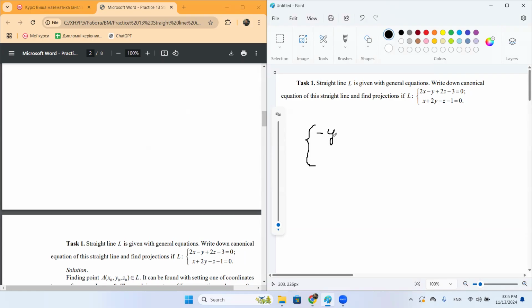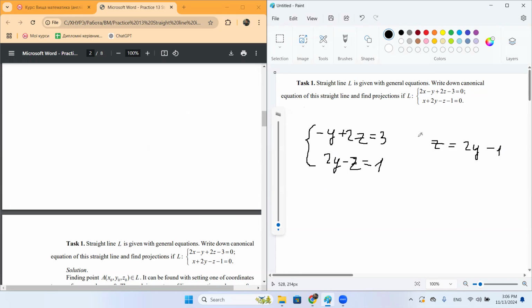And what will we have? y plus z equals 3, and 2y minus z equals 1. We need to solve this system of equations. So z equals 2y minus 1.